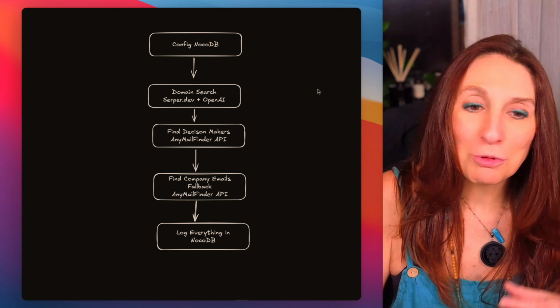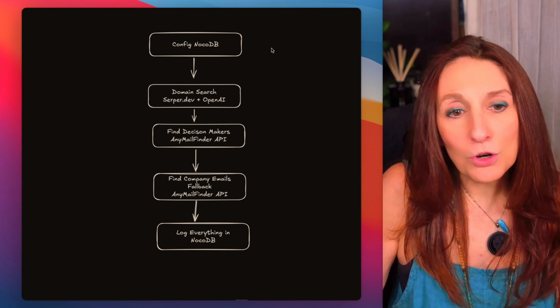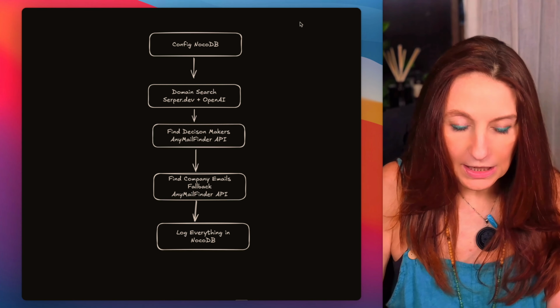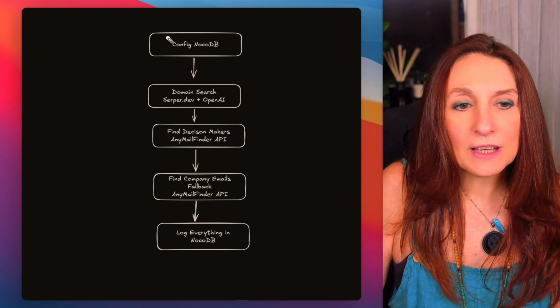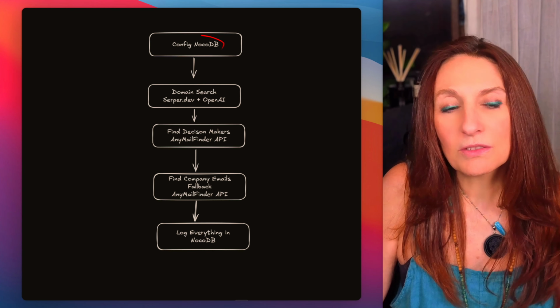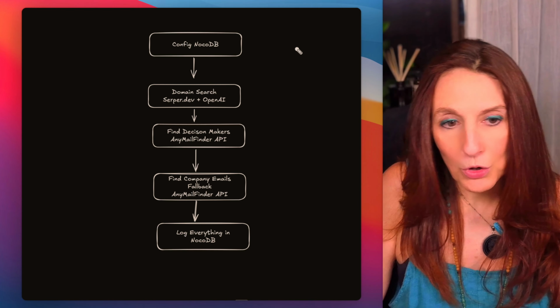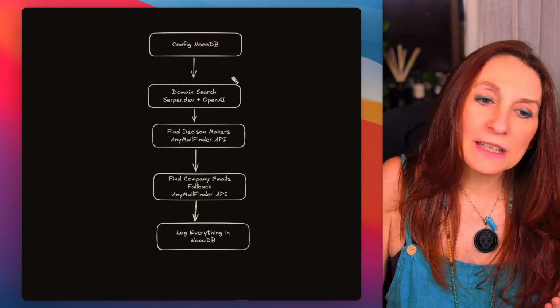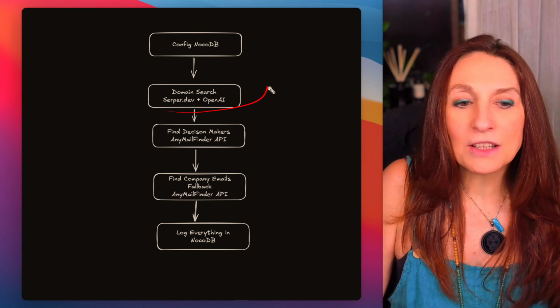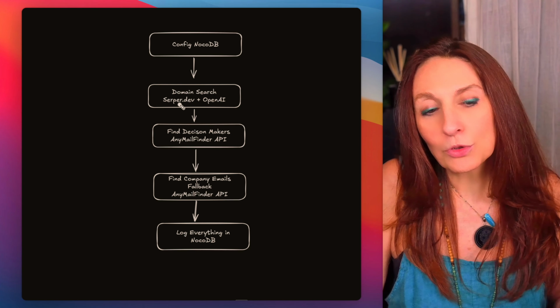So this is a plan of what we are going to do step by step. First, we are going to configure NocoDB and see all the fields that we need. We need a table for companies and a table for contacts. Then in N8N, we're going to get all these companies and search the URL and the domain using Serper.dev.